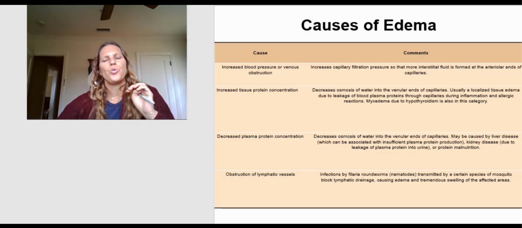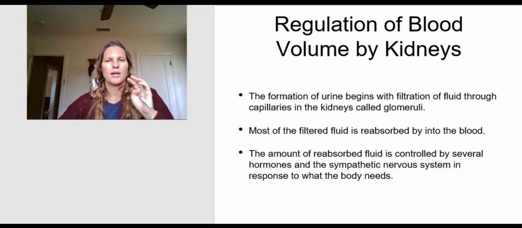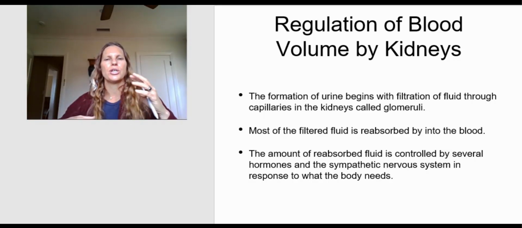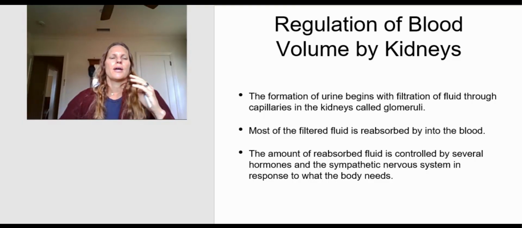Okay, so what I want to talk about next, and I want to do this in a way that's not so overwhelming, is how the blood volume is regulated by the kidneys and by a couple of hormones.